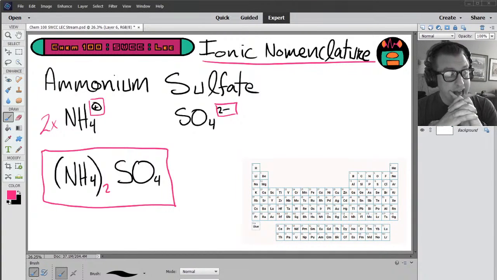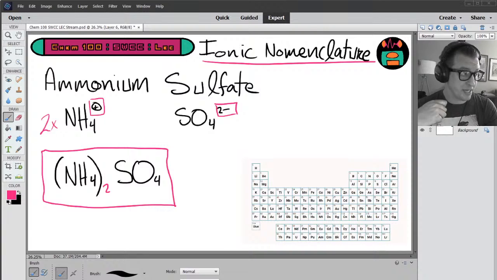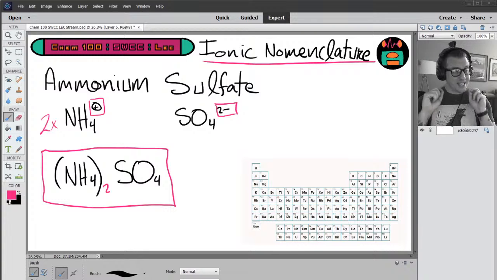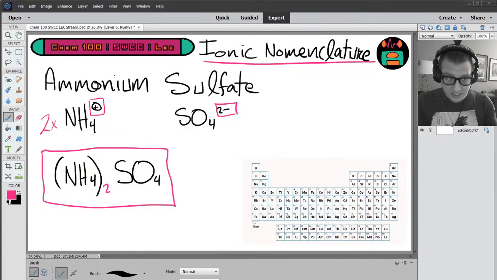You'll notice that there's no metal in this compound. There's only two polyatomic ions, a polyatomic cation and a polyatomic anion. But there are no metals. And the thing is, your cation is a metal 95% of the time, unless your cation is a polyatomic ion like ammonium.